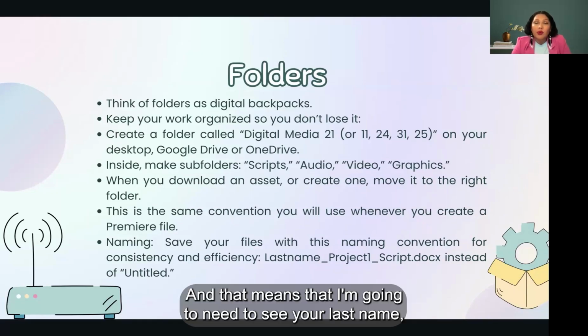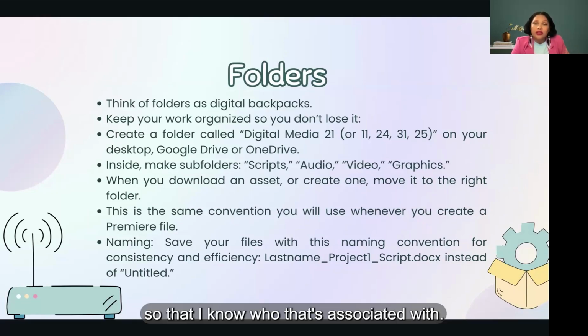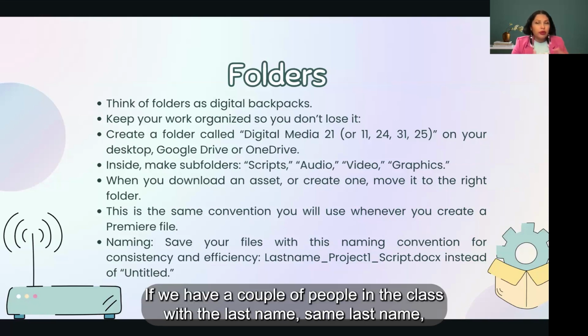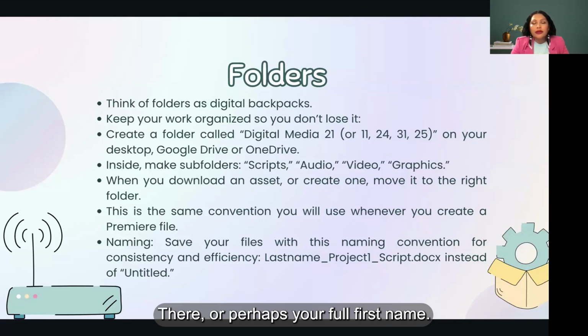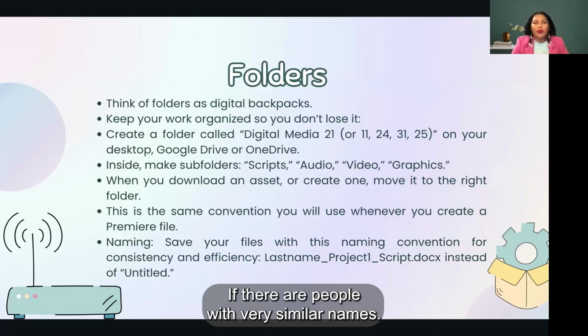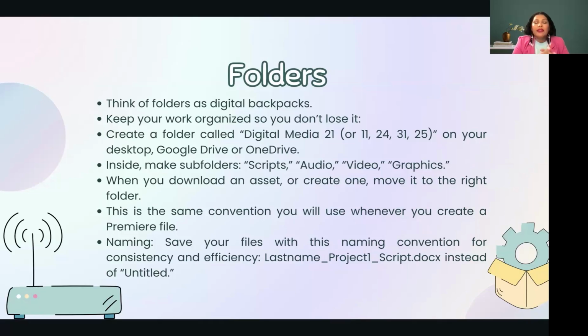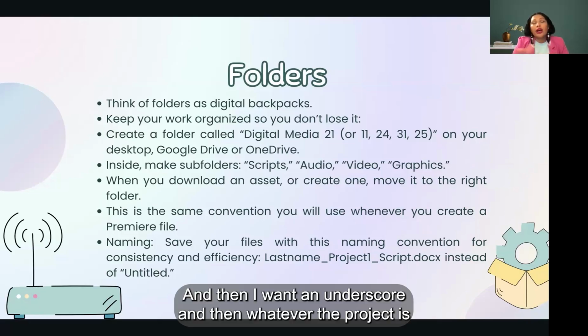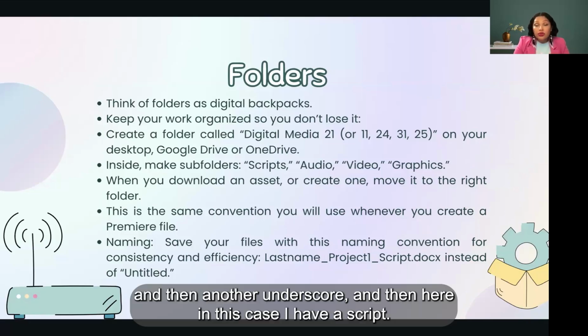That means that I'm going to need to see your last name, so that I know who that's associated with. If we have a couple of people in the class with the same last name, then I'd also like your first initial there, or perhaps your full first name if there are people with very similar names. And then I want an underscore, and then whatever the project is, and then another underscore.